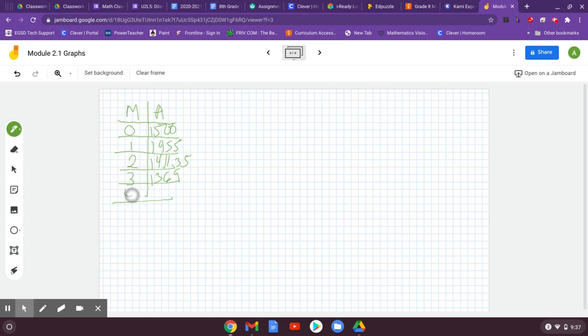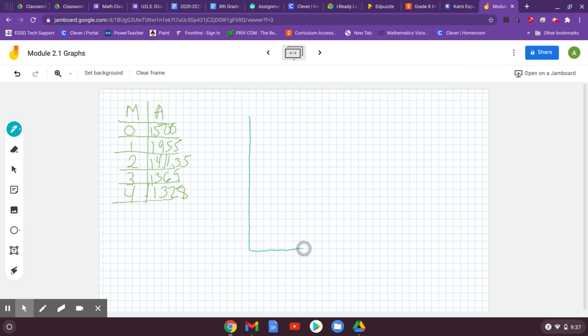I'm actually going to do one more because I like to have at least 4 to 5 plots on here. And this one is 1327.9, so let's do a 1328. All right, making our graph.